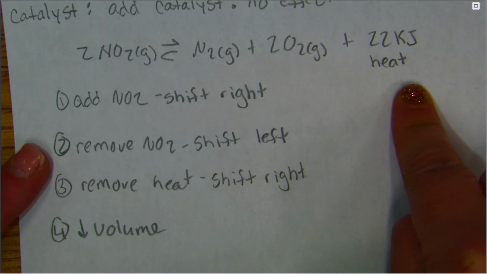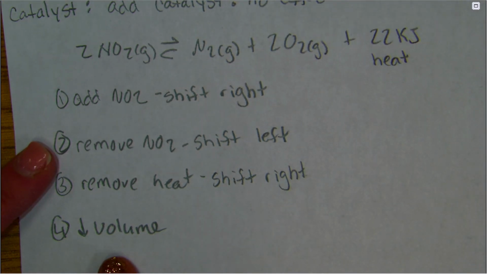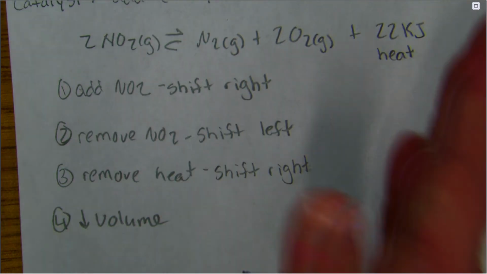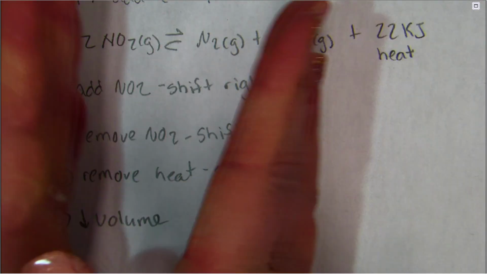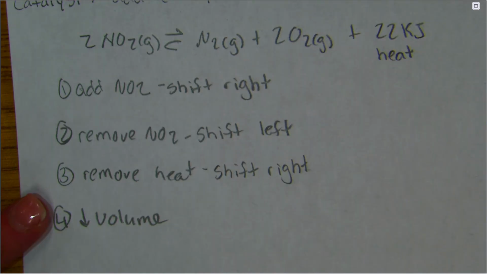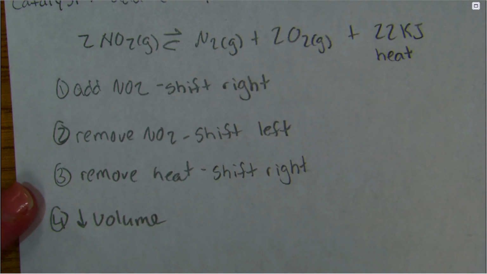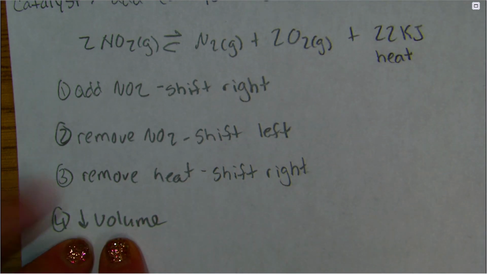Shift right. Decrease volume. When I decrease volume, I am making the container smaller, so I am going to have more collisions and an increase in pressure.